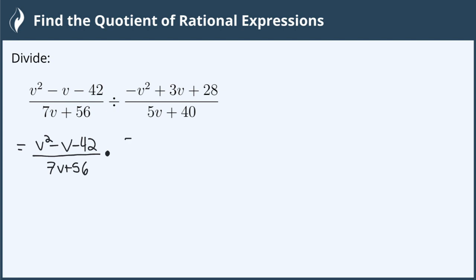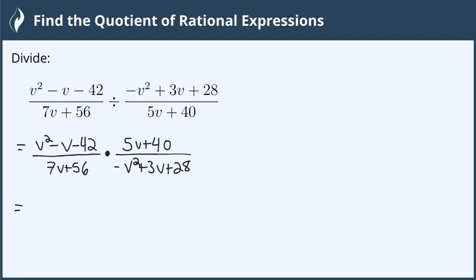So this is now times 5v plus 40 on the top instead of the bottom, over negative v squared plus 3v plus 28. Now that we have done this conversion from a division problem to a multiplication problem, we can proceed just like we did when we were multiplying our rational expressions.